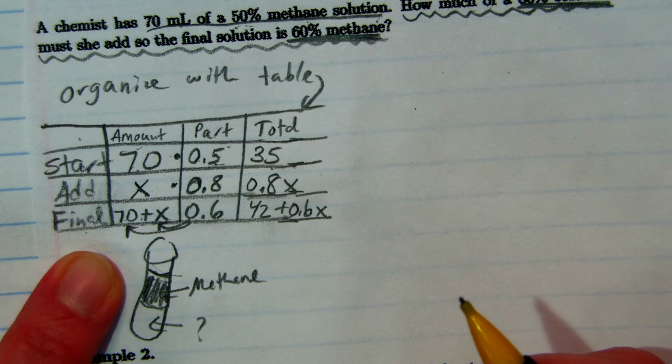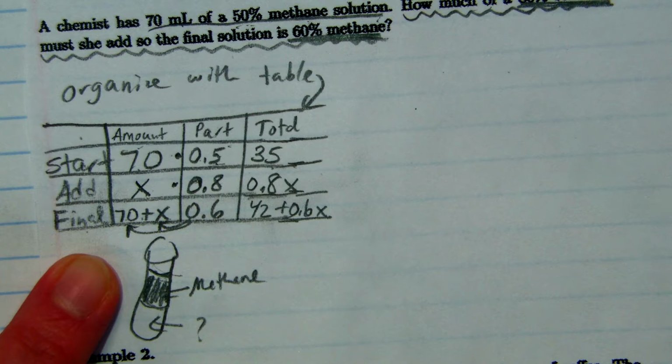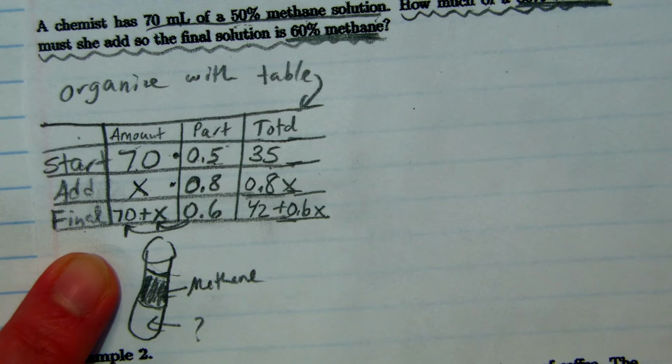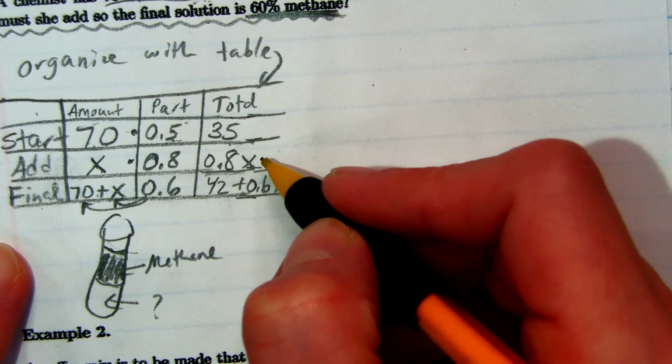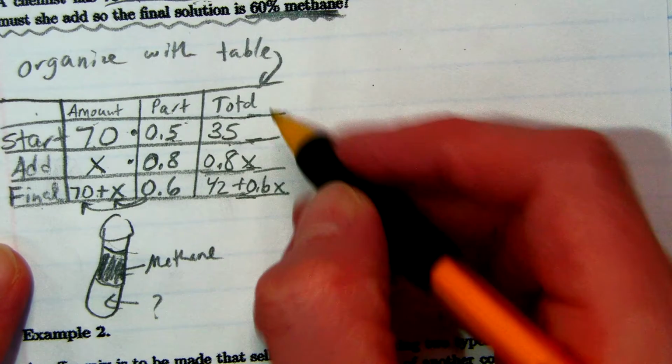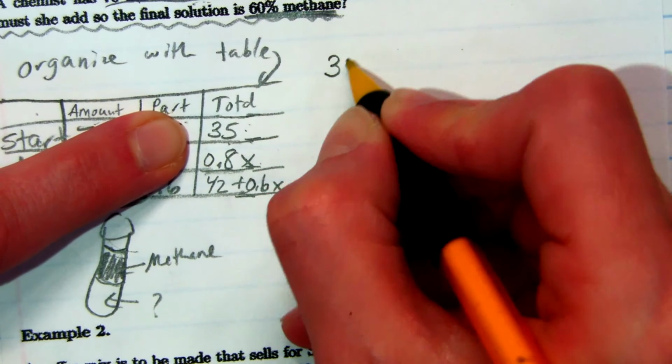So basically what we've done is we've gotten enough information that we can make not a system of equations, just an equation. And we're going to use just this last column. If we take the information out of it, we know we're starting with 35 milliliters of methane.